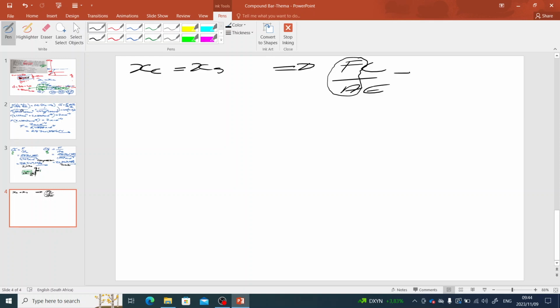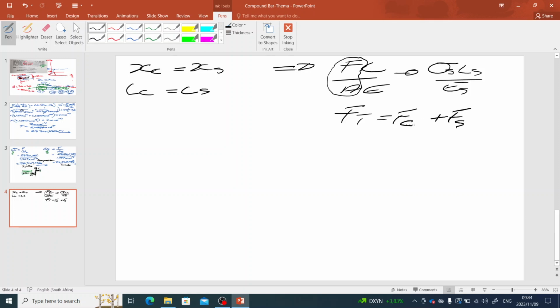Now, as a result of that formula, we are having stress steel L steel over E steel. What is it that we know? We know that L copper equals L steel.